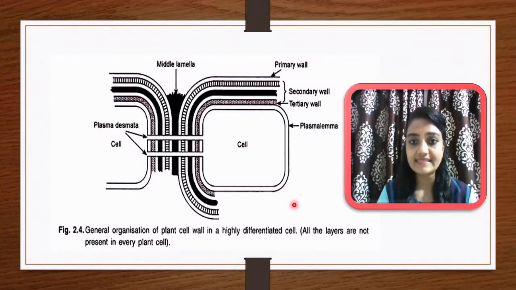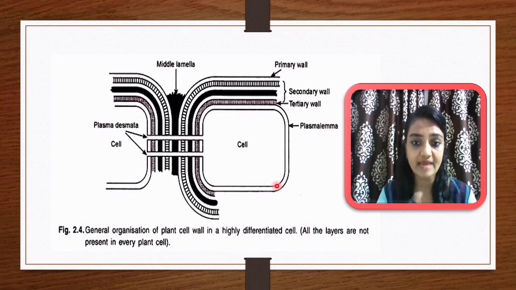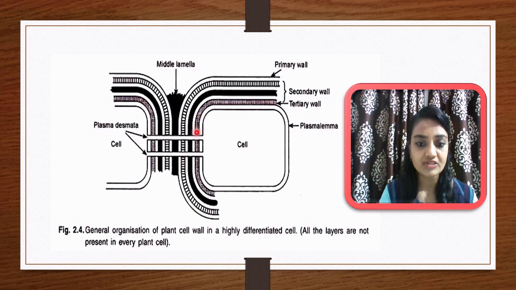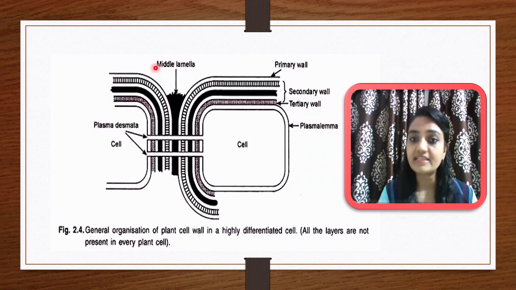Now let me discuss more using this diagram, which shows the cell wall and its types. Here you can see this layer is the primary cell wall. This is cell number 1, this is cell number 2. In between these two cells is the middle lamella, made up of calcium pectate as we discussed in the previous slide.